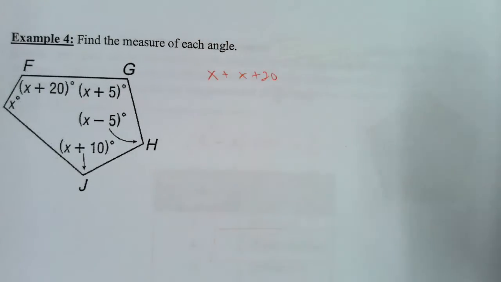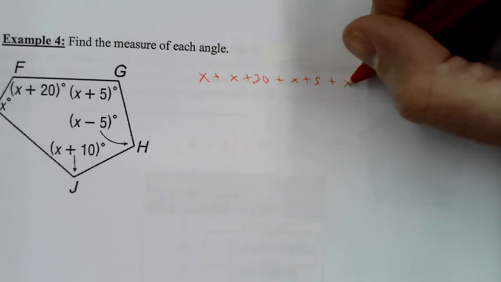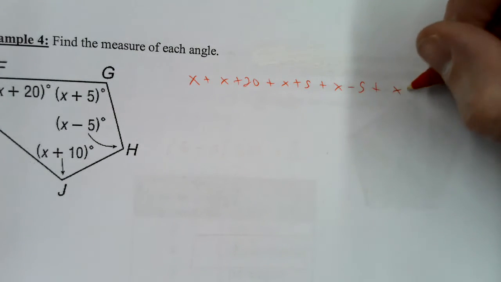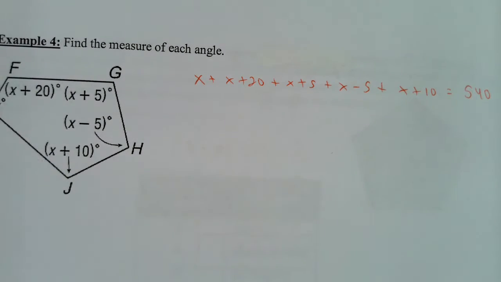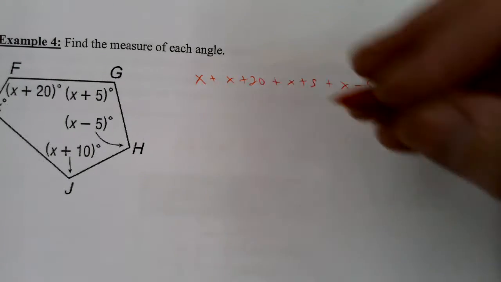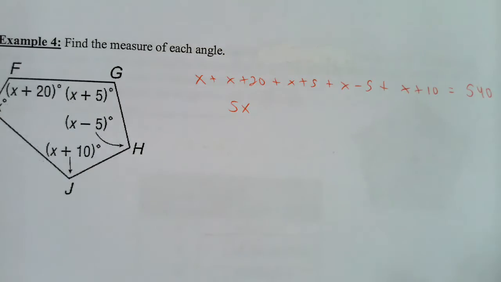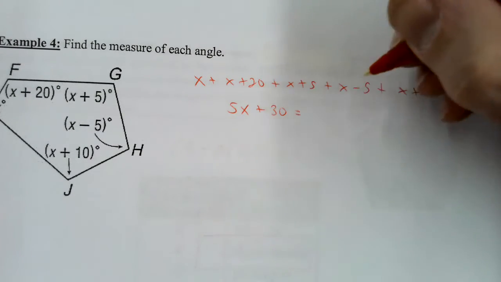X plus 20 plus x plus 5 plus x minus 5 plus x plus 10 equals 540. So combined like terms, 5x plus 30 equals 540.